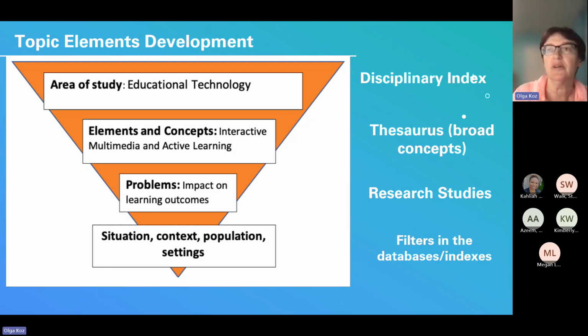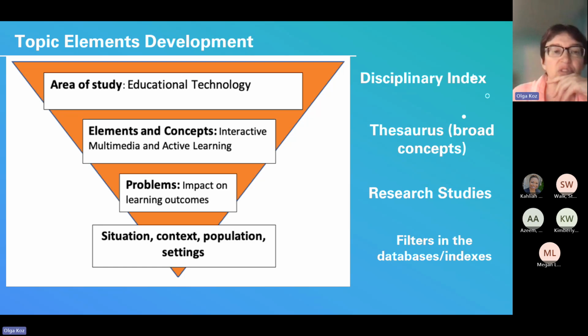We use a technology database, LearnTechLib, I'm sorry. They have their own thesaurus. A lot of databases have this thesaurus that explains and defines different terms and the connections between different terms used in this disciplinary field.